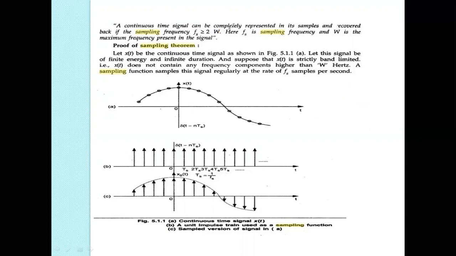A continuous time signal can be completely represented in its samples. Completely represented in samples is the first part, my dear students. And recovered back if the sampling frequency Fs is greater than or equal to 2 omega. That is the second part.